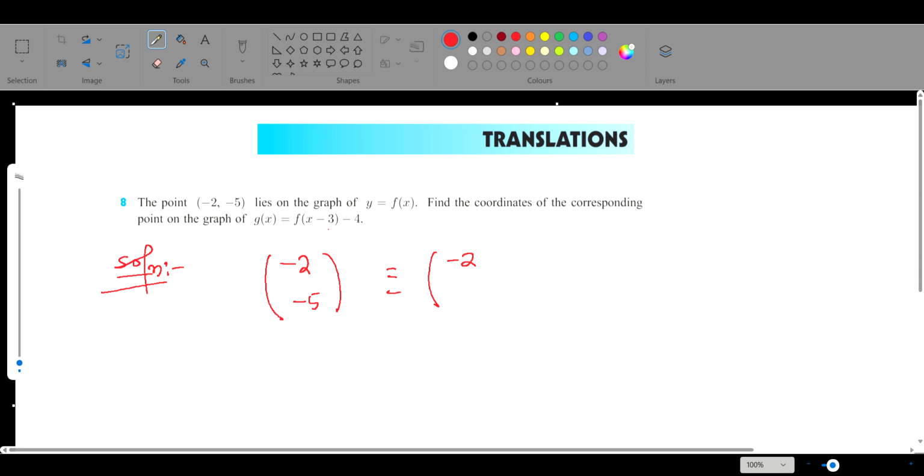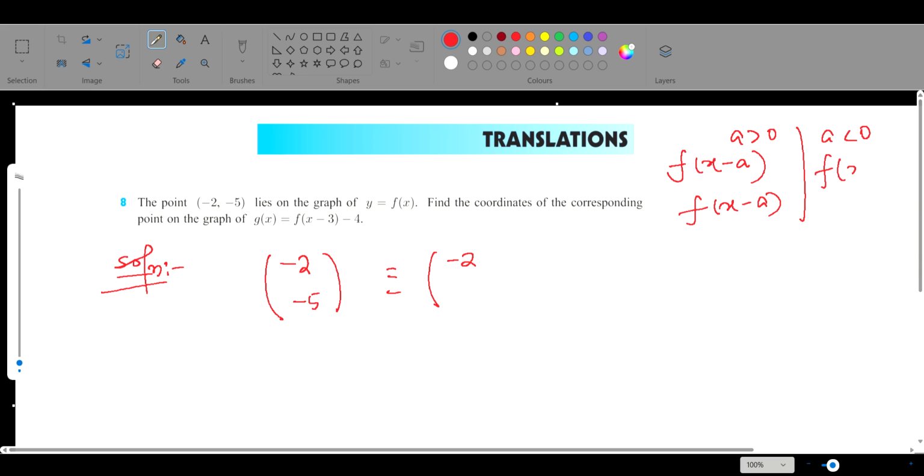The structure is x minus a. If a is greater than 0, it is just x minus a. But what if a is negative?